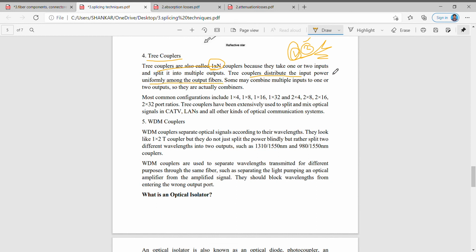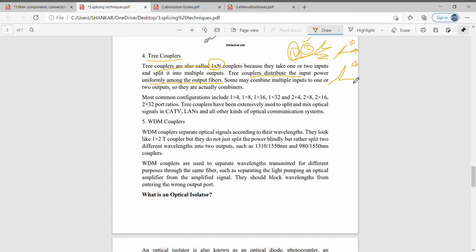Uniformly means, suppose in the case of a Y coupler, there are different combinations. If it is 10 and 90, it can be split as 10-90. But in a tree coupler, if the input is 100, then it should be 50-50.